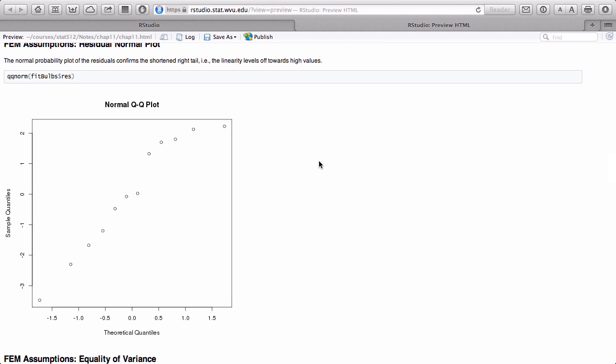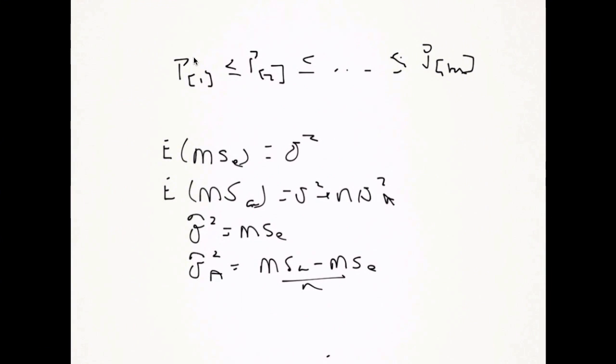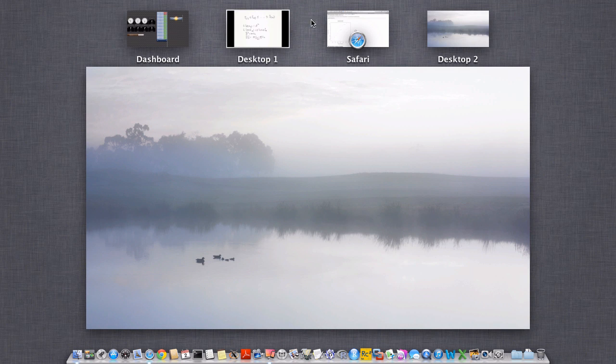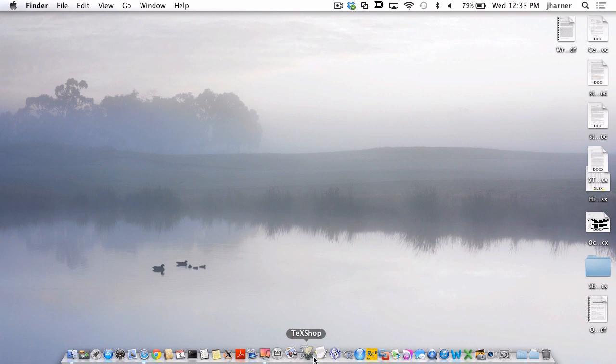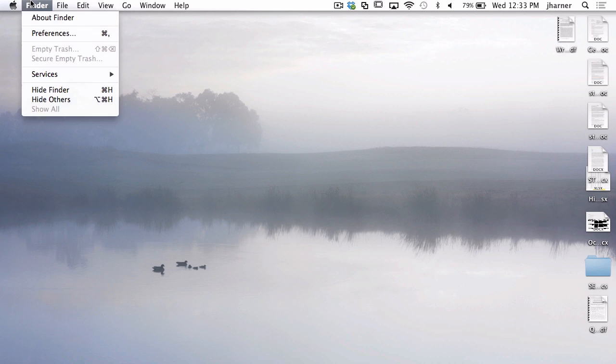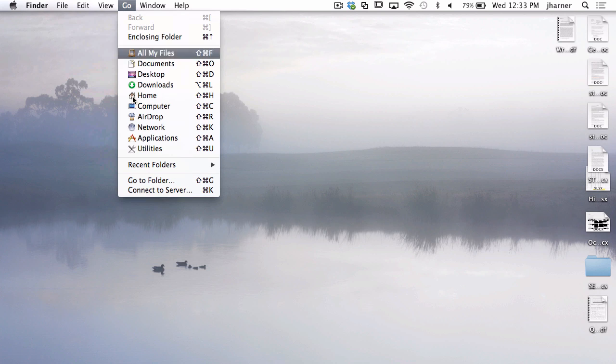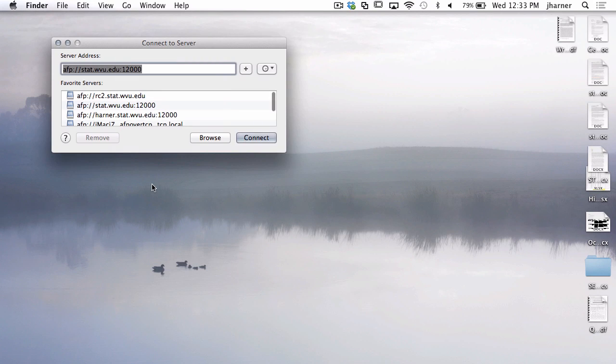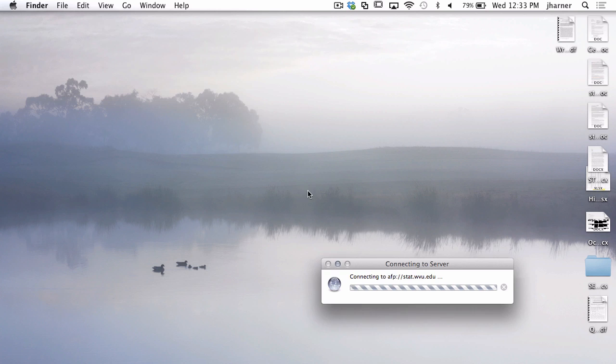In R, it's a little bit harder. If I show you, let me go in and mount this.